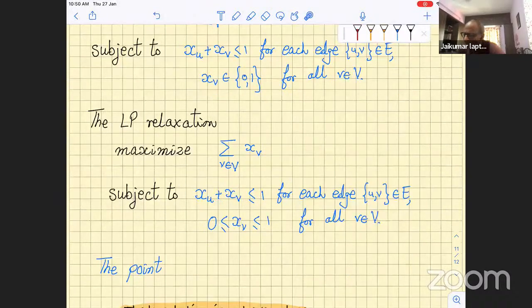How do you do that? You've got edges. I want to assign values so that no edge receives more than 1. What should you assign to the two vertices? We would like to assign high values to all the vertices, but we are allowed fractional values. What would you assign to all the vertices?